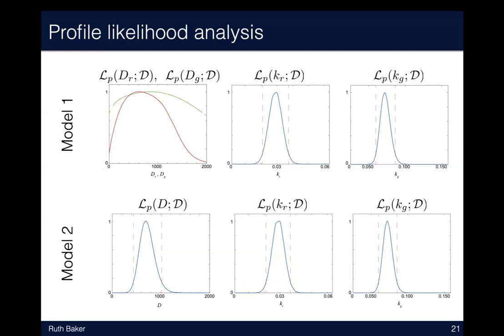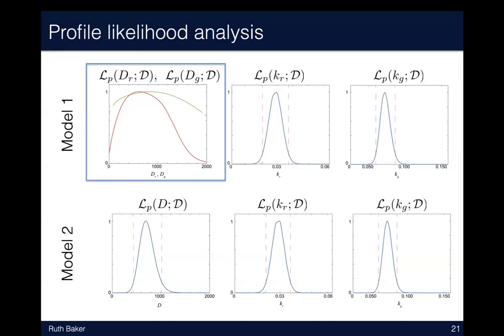But if I compare the profile likelihoods for the diffusion coefficients, I can see that in model 2, where I just have one diffusion coefficient, this curve is really nicely peaked, so I have a confident estimate. Whereas in model 1, those profiles are really broad, and in fact my confidence intervals aren't contained within the range of values I think are relevant. So this is where I would really begin to distinguish identifiability.